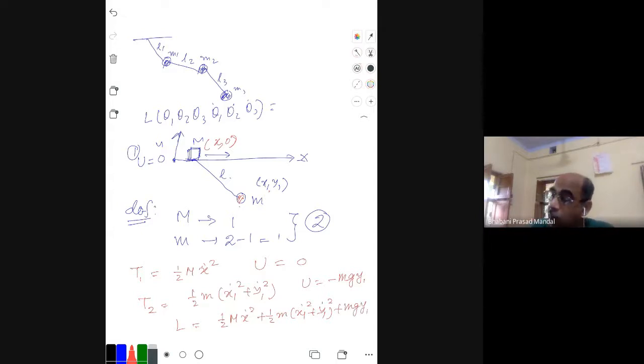But again, this shows that there are 3 coordinates, whereas my Lagrangian should have 2 coordinates for 2 degrees of freedom. So for this pendulum, with 1 degree of freedom, we have to eliminate x1, y1 in terms of some angle theta 1.